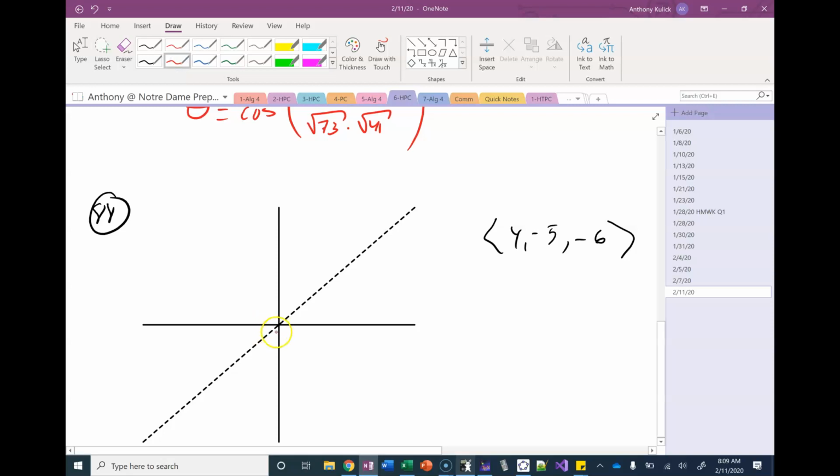So I'm going to start by putting some tick marks. 1, 2, 3, 4 on the positive x-axis. 1, 2, 3, 4, 5 on the negative y-axis. And then 1, 2, 3, 4, 5, 6 on the negative z-axis.